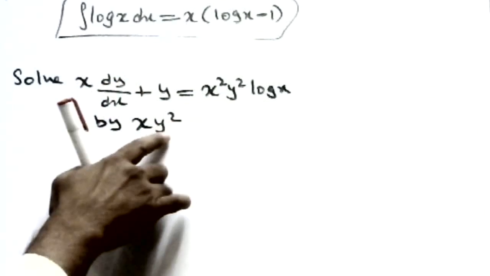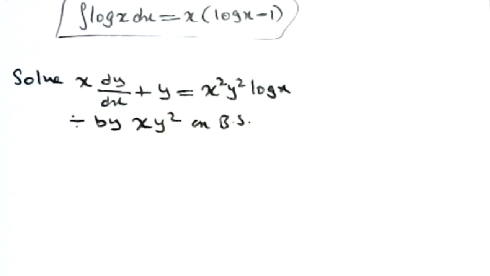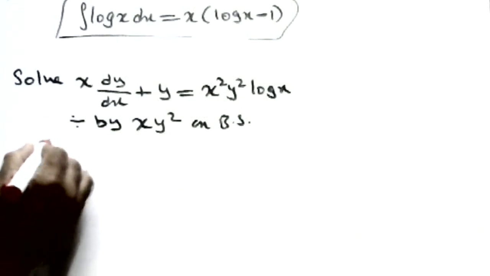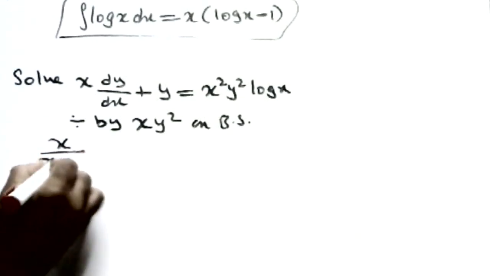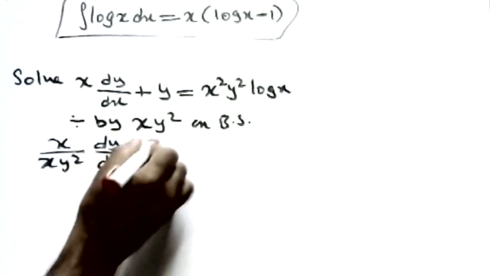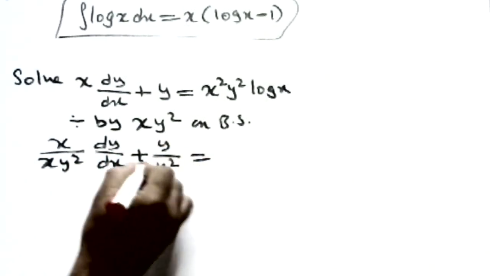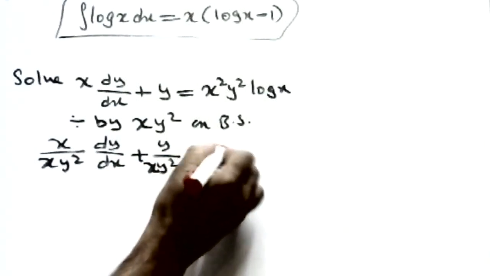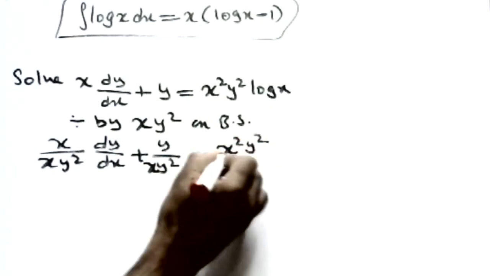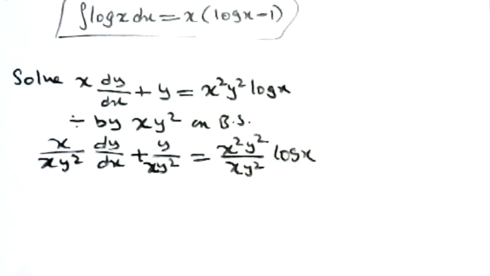To remove x, we are taking x y square on both sides. So let me divide each term. x divided by xy square dy by dx plus y divided by xy square equals x square log x by xy square.